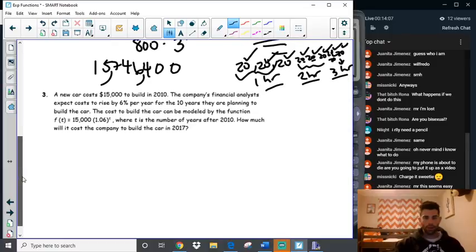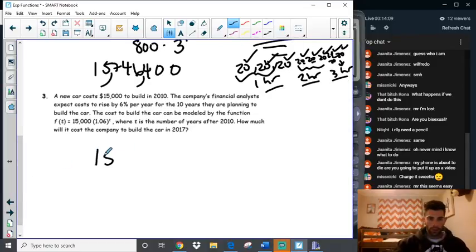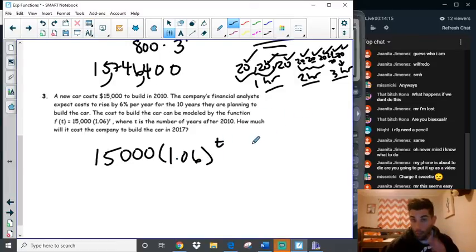And the last one. So here we go. Okay, same question, just a little bit different because there's no numbers per se. So a new car costs $15,000 to build in 2010. The company's financial analysis expects the cost to rise by 6% per year for the 10 years they are planning to build the car.